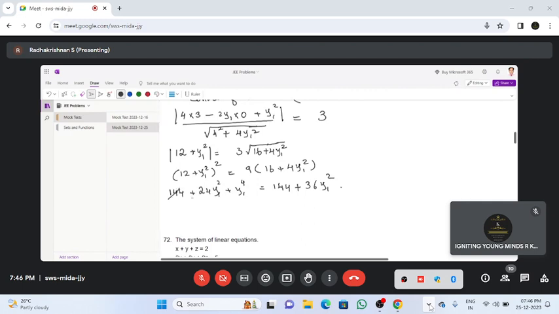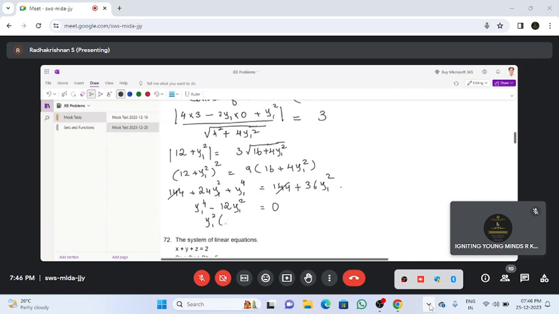So this 144 gets cancelled. Let's bring this 36y square to the left hand side: y1 to the power of 4 minus 12y1 square equal to 0.